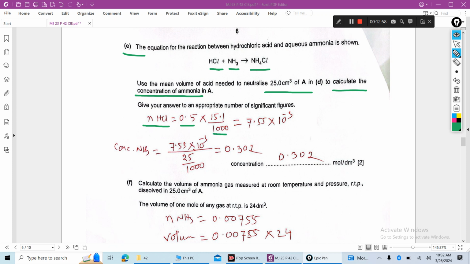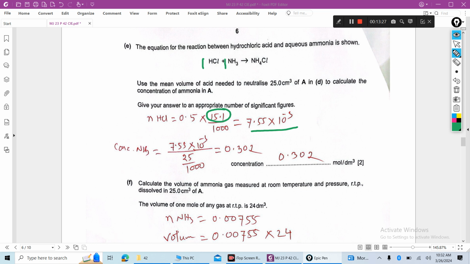This is for solution A. Moles of HCl equal concentration times volume, with the volume converted to dm cube by dividing by 1000. So moles of hydrochloric acid is 1, and moles of ammonia also will be 1.